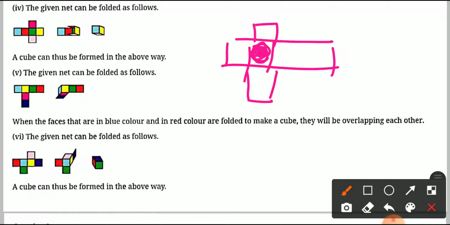Then I will fold it and make it. Clear? Only this portion you need to paste and the remaining part let it be open as folded. So this thing you have to do in your copy. In each of the following, only one box you have to paste. Remaining part let it be open.